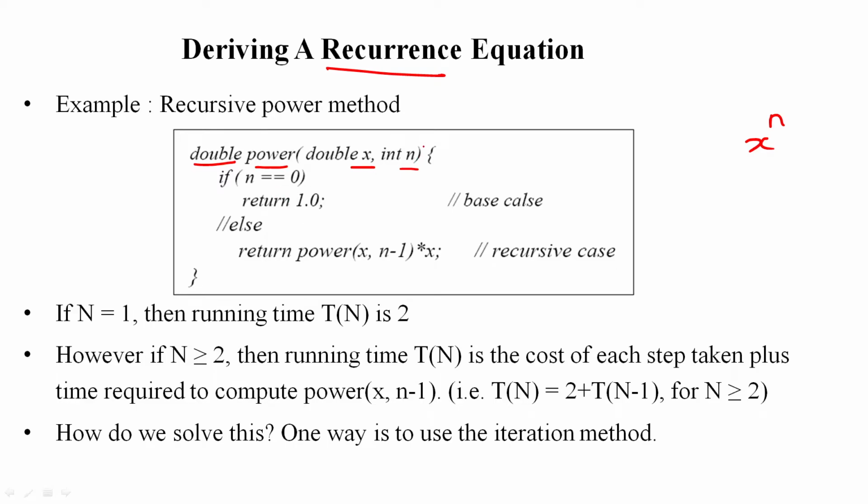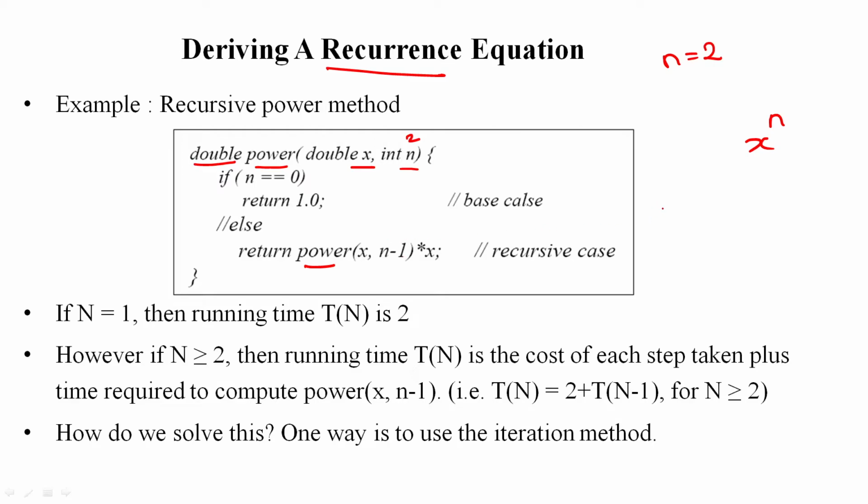Here we are taking n equal to 2. If n equal to 0, return 1, otherwise we have some statements. Then finally return power of x comma n minus 1.